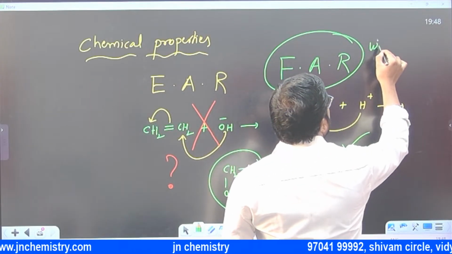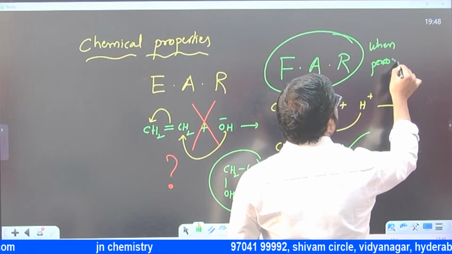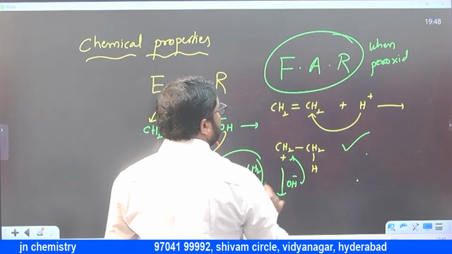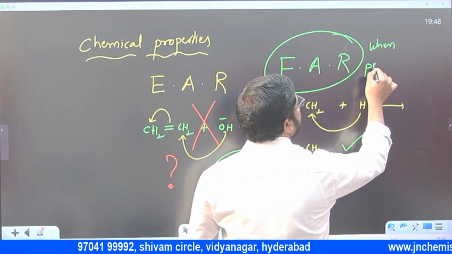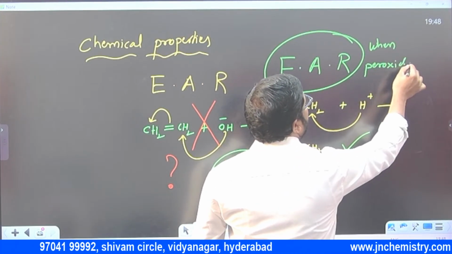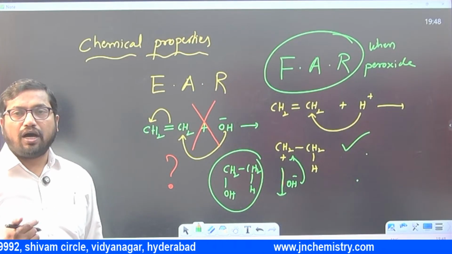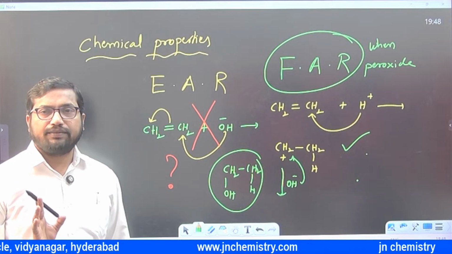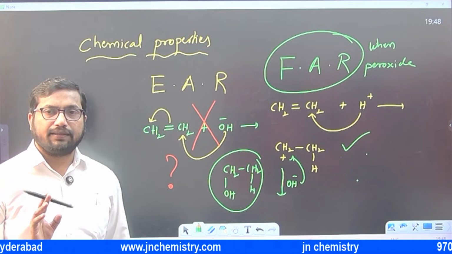When peroxide is present, then free radical addition. In the absence of peroxide, electrophilic addition. Clear?